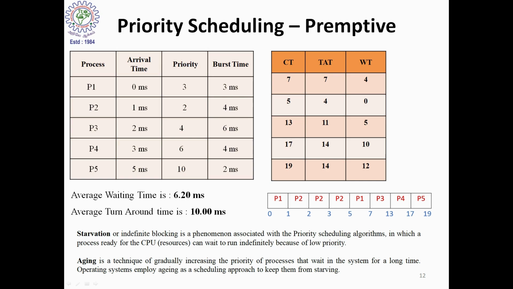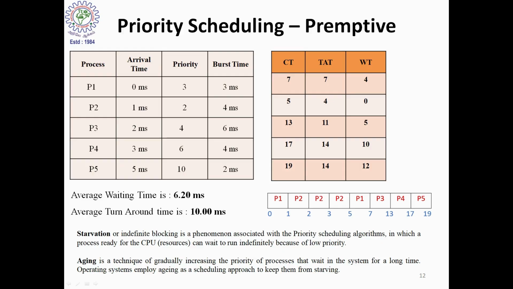P3's completion time is 13, P4's completion time is 17, and P5's completion time is 19. When we subtract the arrival time from the completion time, we get the turnaround time, and turnaround time minus the burst time gives the waiting time, right?